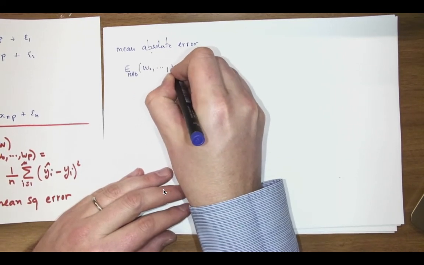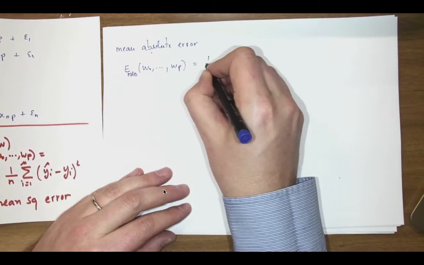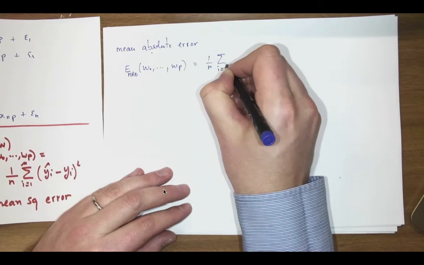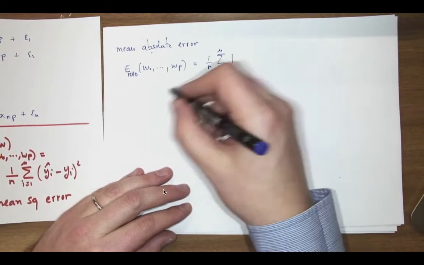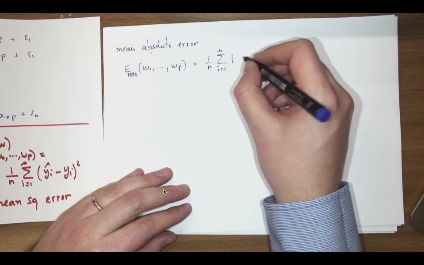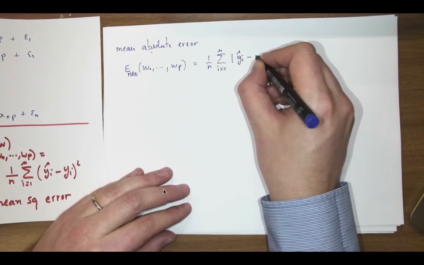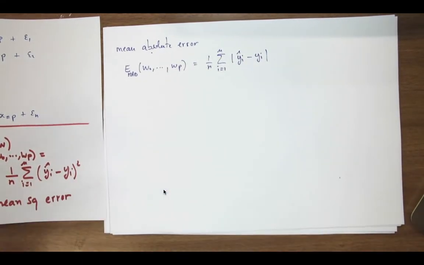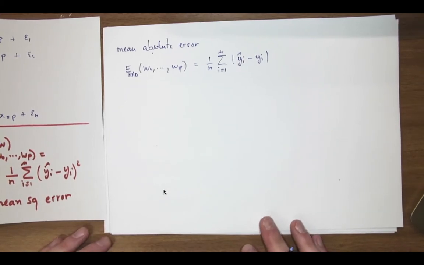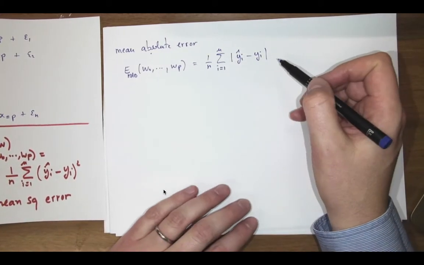So of my parameters, it would have been something like that: the sum over all my samples of the absolute difference between my prediction and the actual outcome I have. This is very interesting.